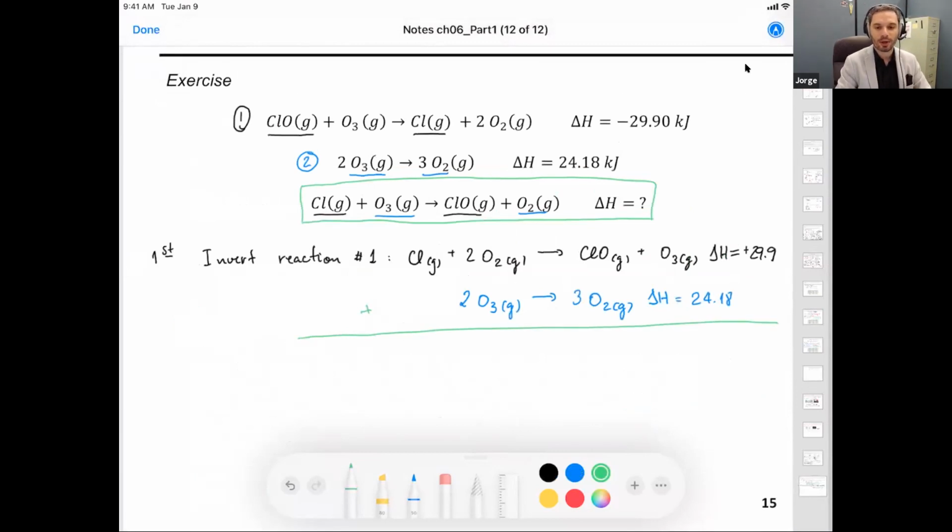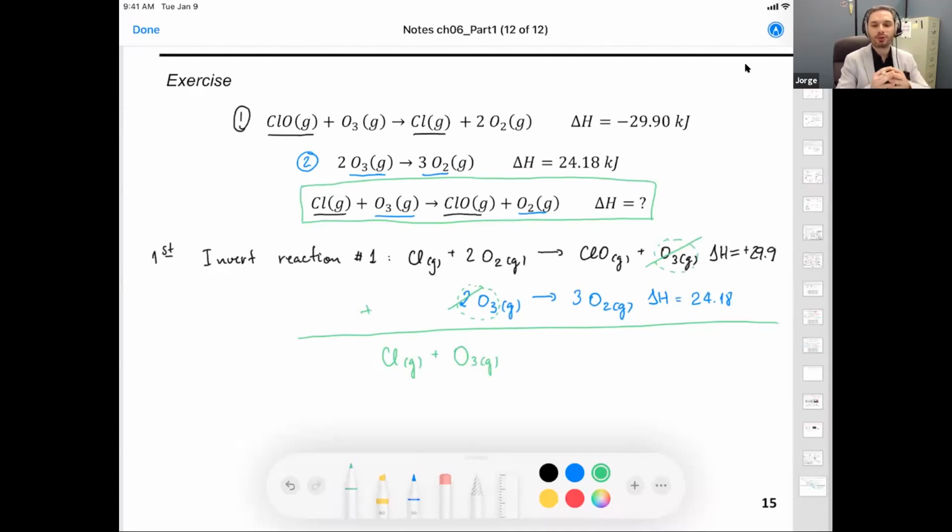Now, what we are going to do is to simply add up the two reactions and treat them as mathematical equations. Chlorine plus O still remains chlorine gas plus, now pay attention, we have two ozone molecules on the reagent side and just one on the product side. Therefore, we can cancel this ozone with the two over here, and what's left is just 1 mole of ozone.